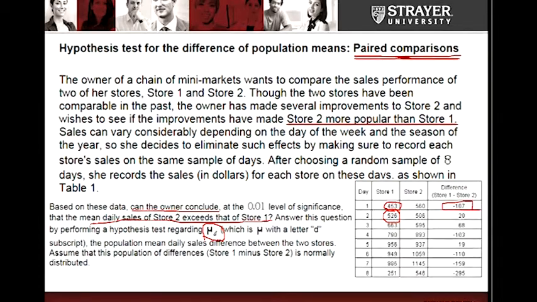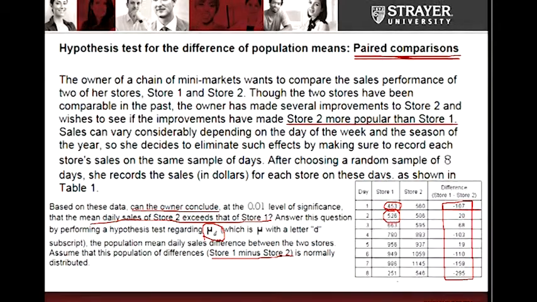So it's important to note the way the question is asked. So the population differences is store 1 minus store 2, and that's what they've given you in this table.